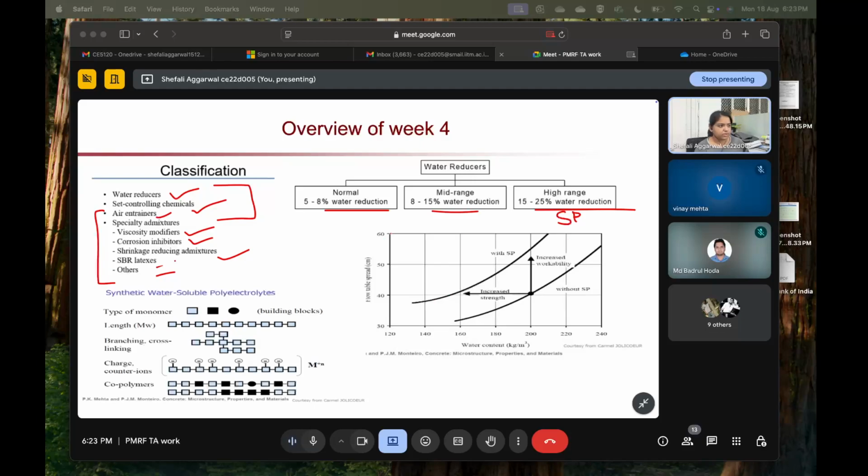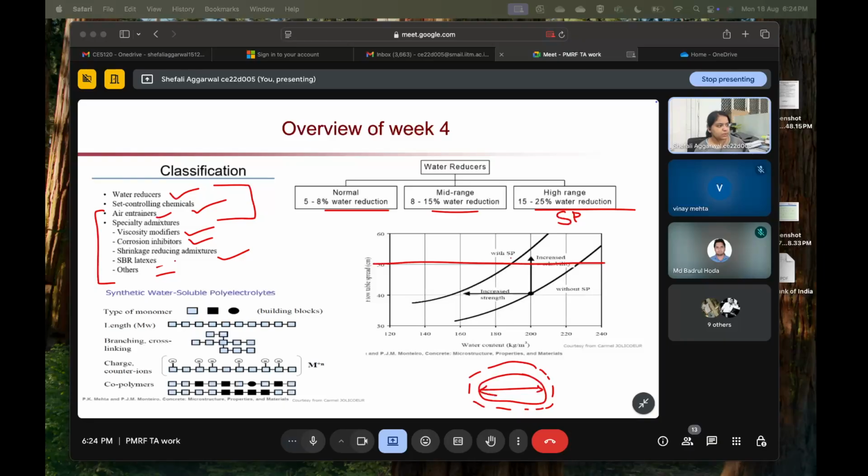It is a curve between flow table spread, from the flow table test we are doing, and water content. If you increase your water content, your flow table diameter will increase. This is without SP, and this is the case with SP. Let's say we want only 50 centimeter of spread.